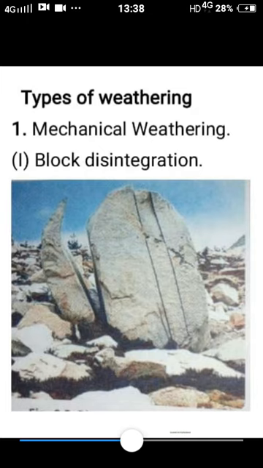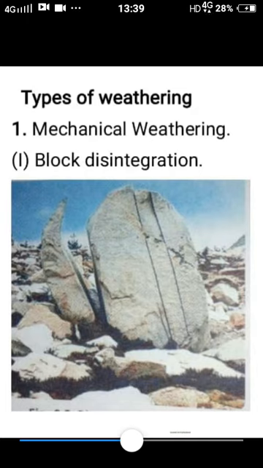The amount of expansion and contraction of the rocks is not the same. Sometimes in the daytime there is expansion and at night contraction, continuously, and it is not the same but differs. And continuously, this process leads to the development of cracks on the surface of rocks. Over a period of time the rock is split up into blocks.